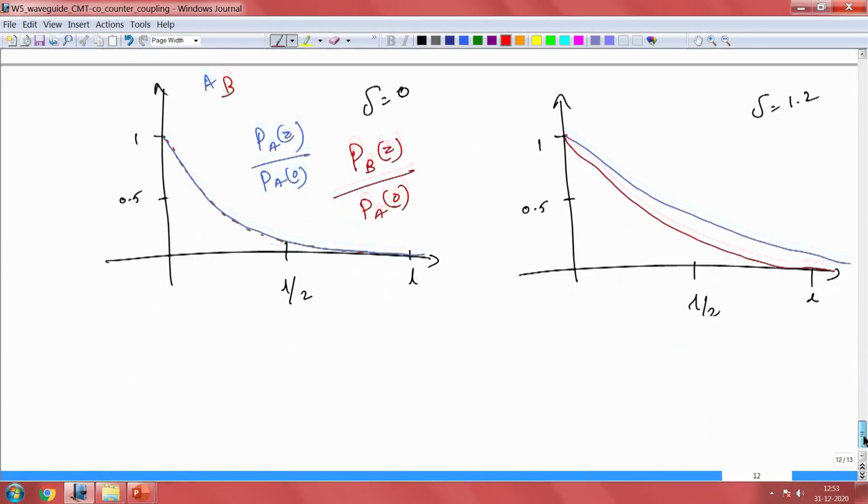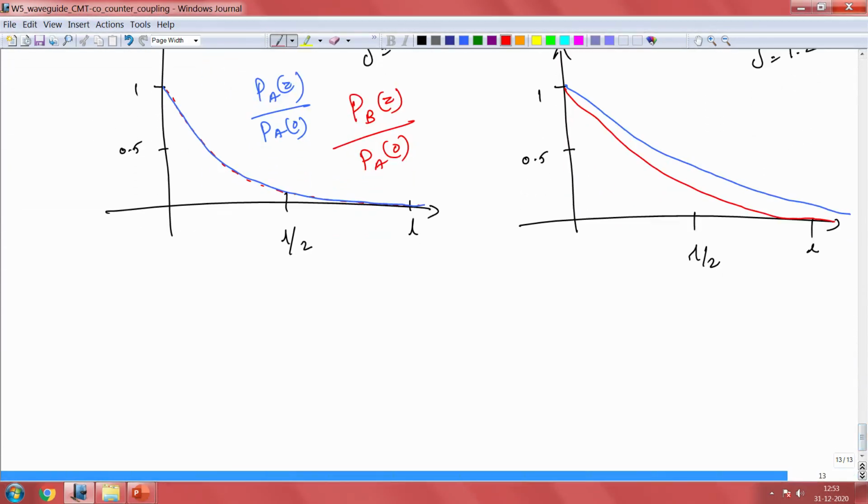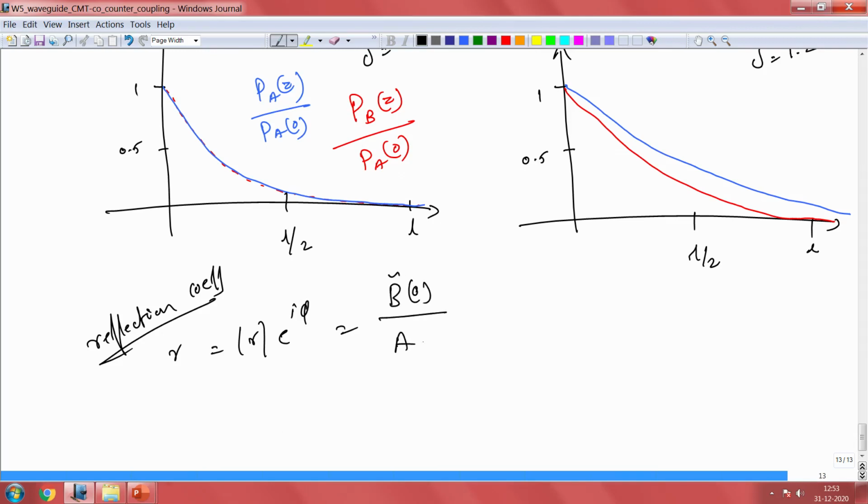So, if that is the case, can we write the reflection coefficient of this? Let us say your reflection coefficient R is R e to the power of I phi, with some phase difference, and this is nothing but B naught with respect to A naught.